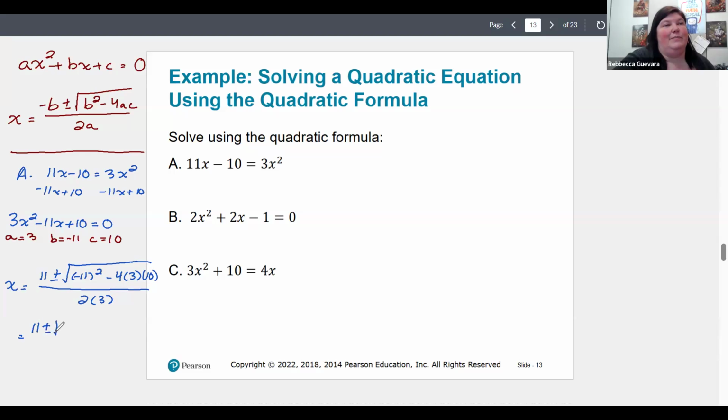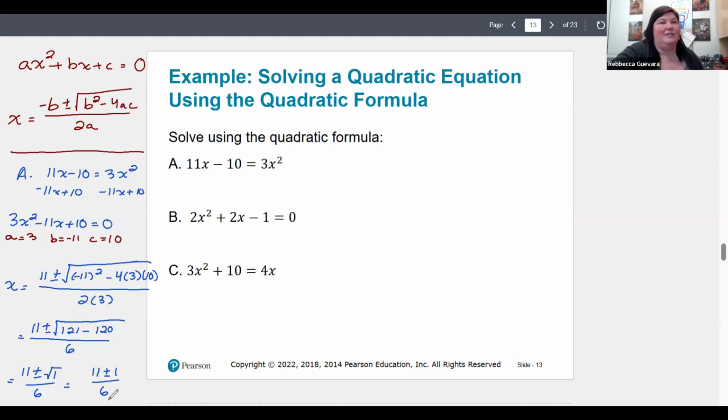So this is 11 plus or minus the square root of 121 minus 4 times 30, which is 120, over 6. So that's going to be 11 plus or minus the square root of 1, over 6. The square root of 1 is just 1, so this is 11 plus or minus 1 over 6.